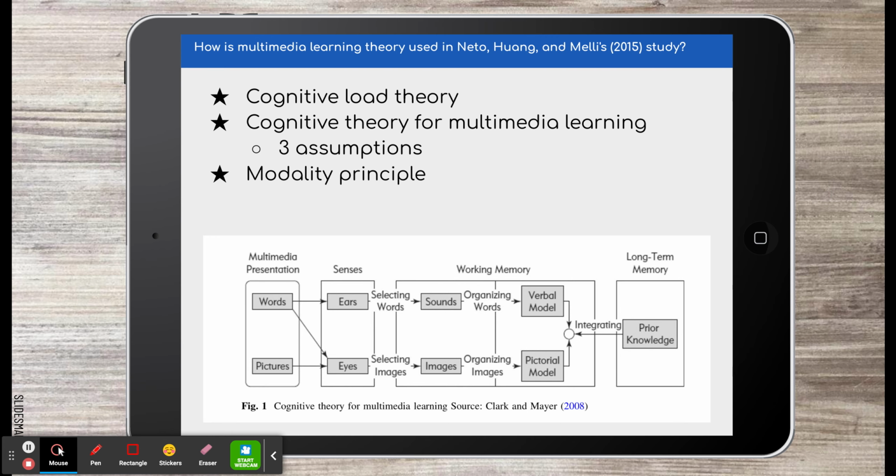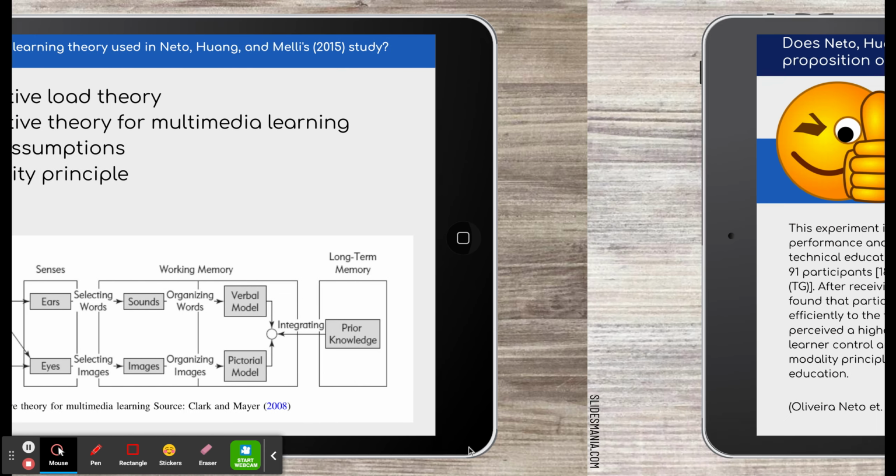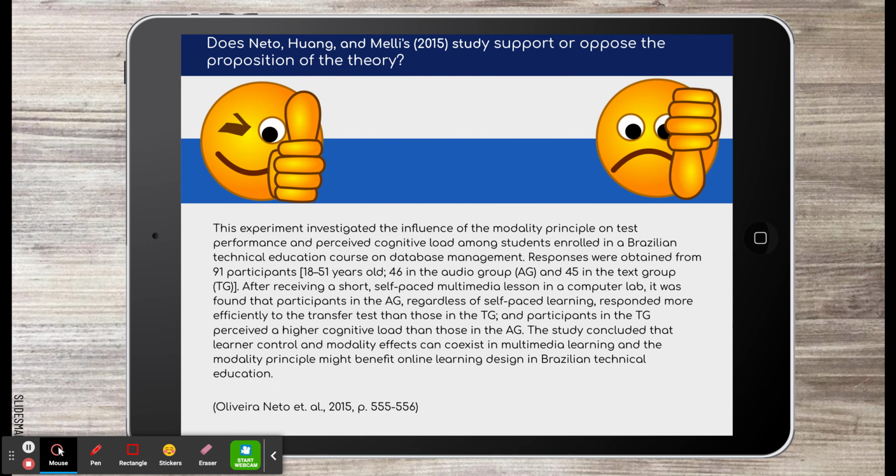In the end, they gave out some results, and those results led me to our next slide. Our next slide asks, does the study support or oppose the proposition of the theory?